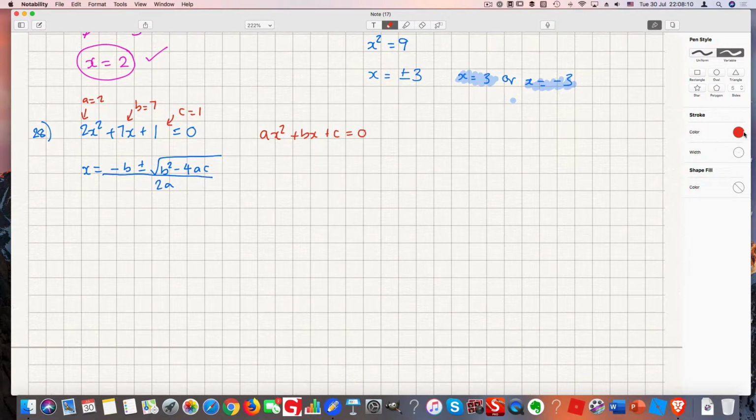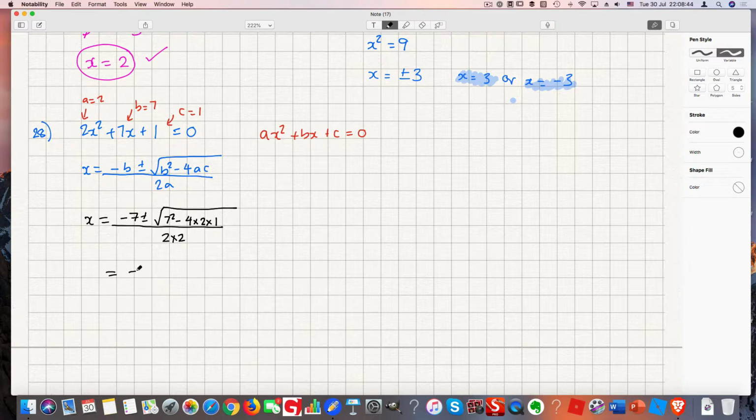And coming back to the equation, we're going to have x is equal to minus b. If b is 7, minus b is minus 7, plus or minus square root of b squared means 7 squared, minus 4AC means times a is 2, c is 1, divided by 2 times a, which is 2 times 2.